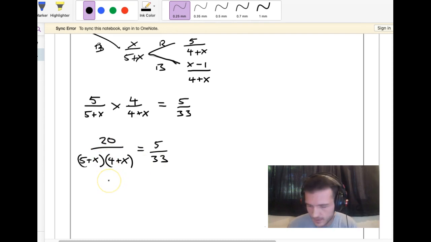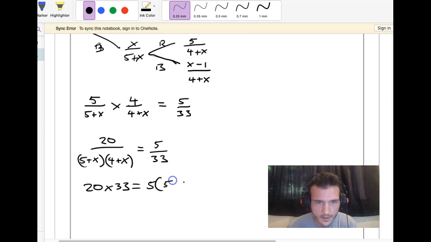So, that gives us, right, so we'll have 20 times 33 equals 5 times 5 plus X times 4 plus X. 20 times 33 is going to be 660.